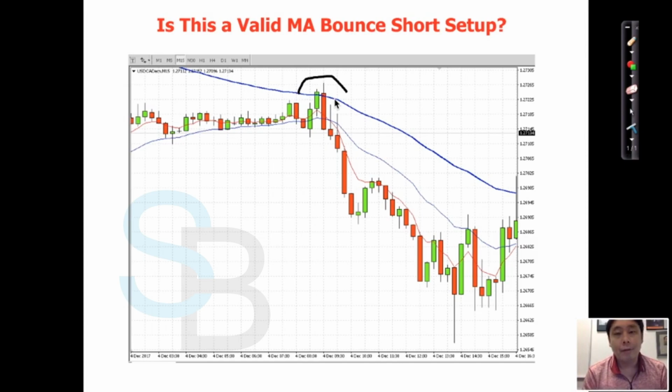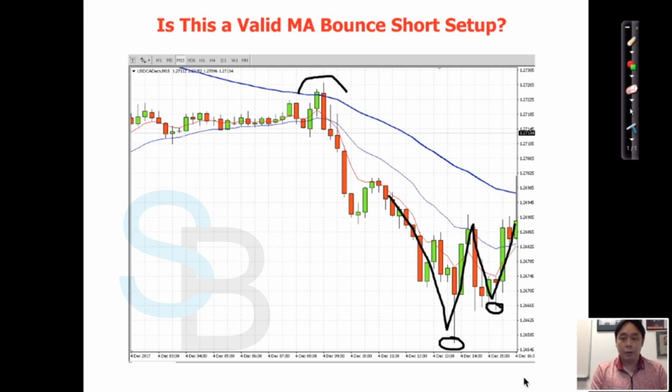Why? First, where is the recent swing low? The recent swing low is here. Okay, where's the previous swing low? Here. As you can see, it goes down like that.